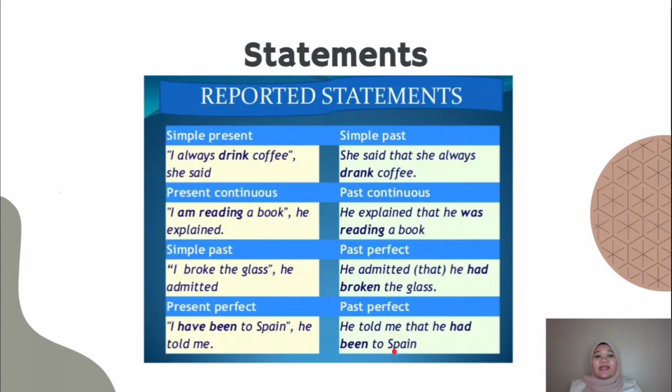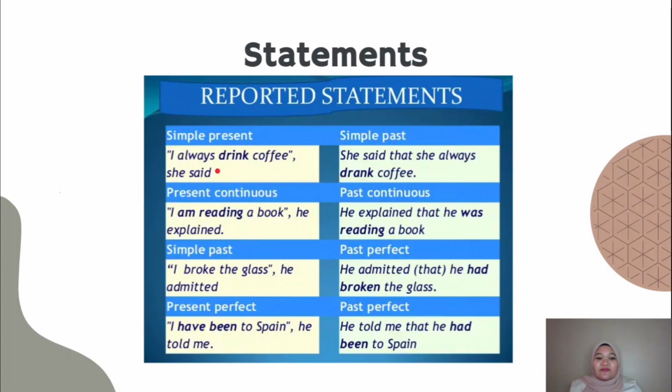Right, class. Can you see in these reported statements, from the direct speech, the last part of the sentence, when we change to reported speech, it will become the early part of the sentence? Right? See, "I always drink coffee," she said. But when it comes to reported speech, it changes to: she said that she always drank coffee. Can you see?